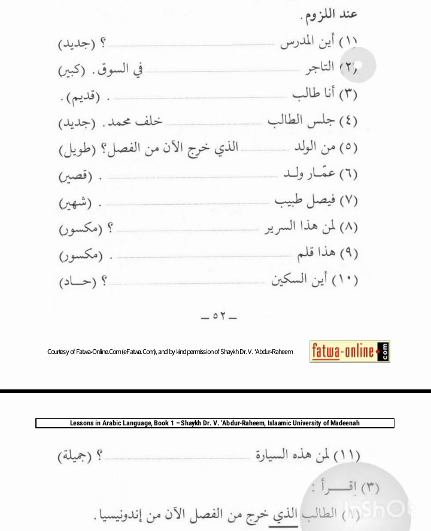For example, this number one, أين المدرس, you're just going to put جديد. But if it were to be المدرسة, now it's feminine, you know that the جديد will come as جديدة. And remember, because the mudarris has a definite article, jadid will also have to have a definite article. So it's going to be aina al mudarrisu al jadid. Where is the new teacher?